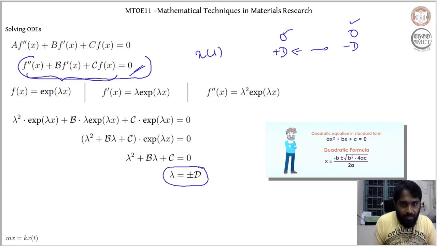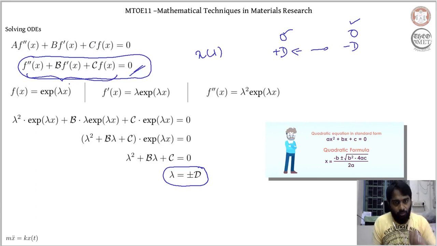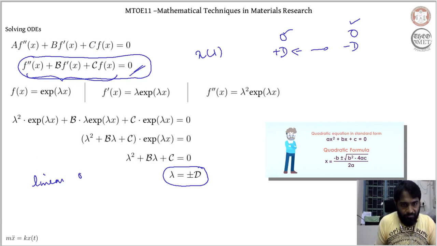statement. So this is our original problem statement. This is the original expression that we would like to solve. And if you consider the form of it, this is referred to as a linear ODE. So here we are qualifying our second order ODE with another term which is linear.